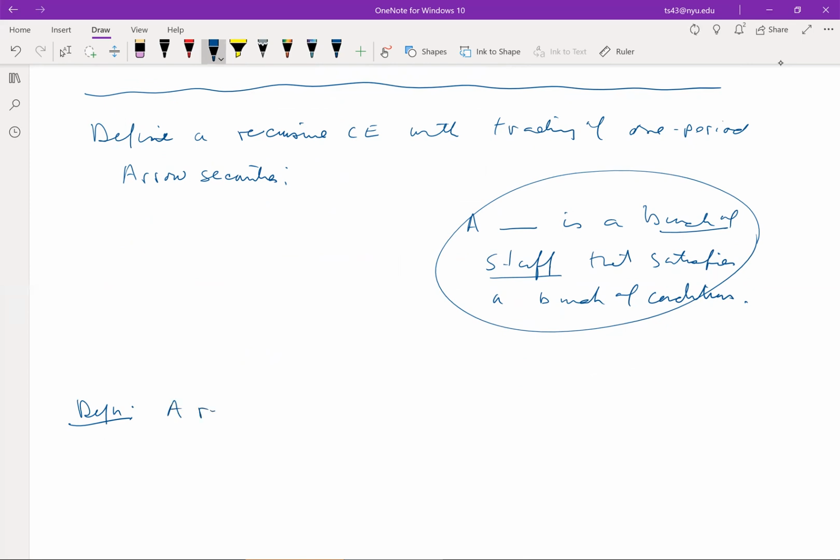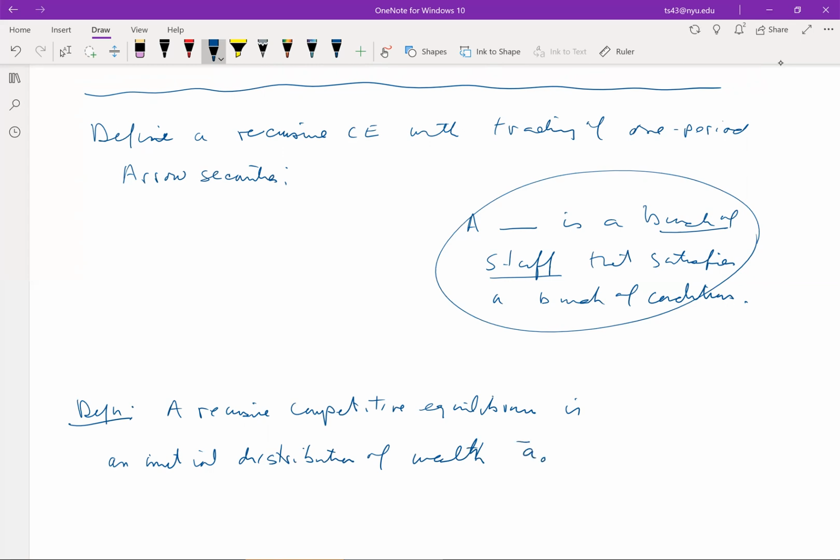A recursive competitive equilibrium is an initial distribution of wealth. So that's going to be a vector across all people. I'll write it like that.